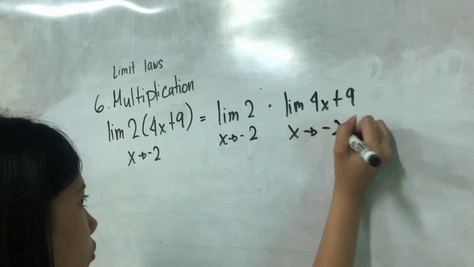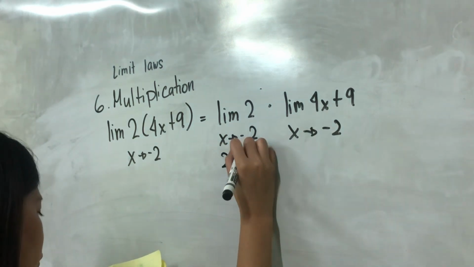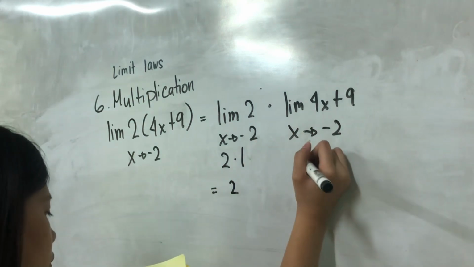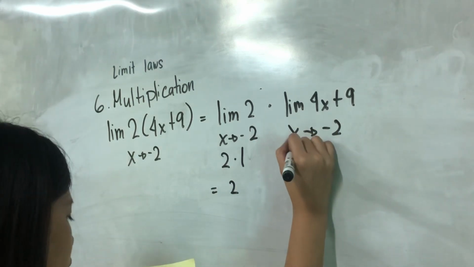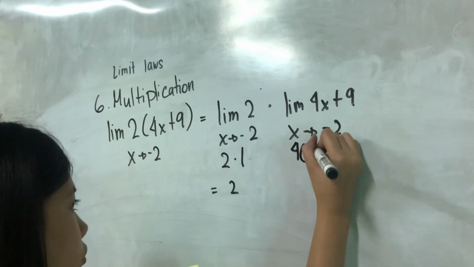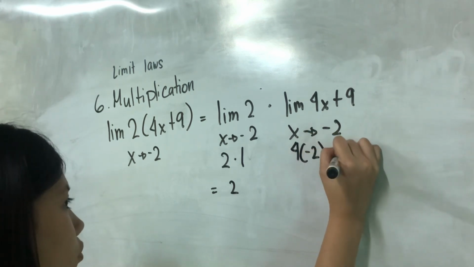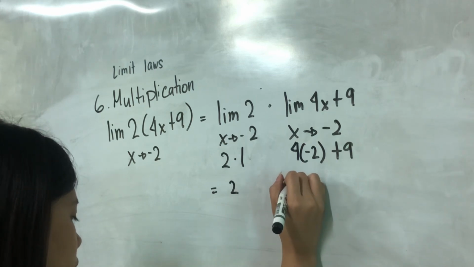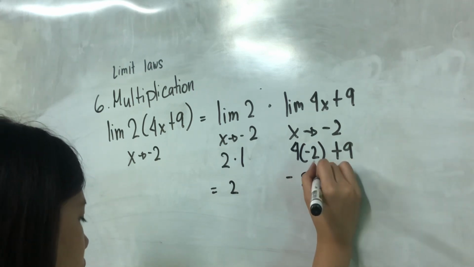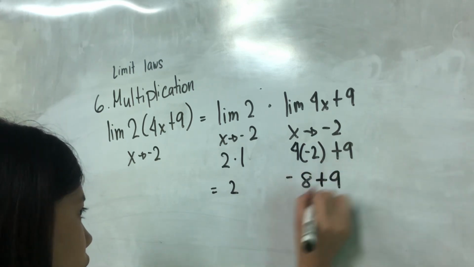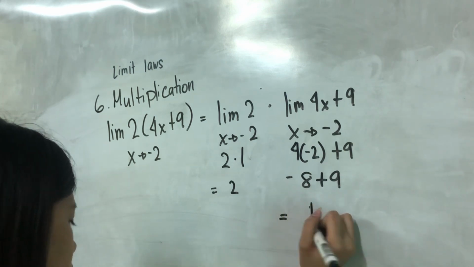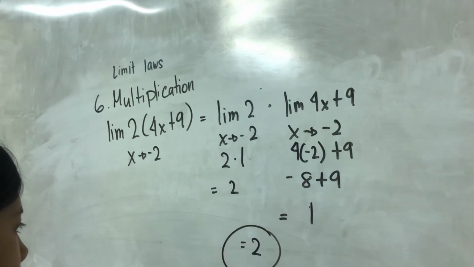In limit of 2, you can bring down 2 or multiply it by 1, and then in limit of 4x plus 9, you need to substitute x with negative 2 and then multiply it by 4, which will be negative 8, and then plus 9, and then the answer will be 1, and then multiply 2 and 1, and then the final answer will be 2.